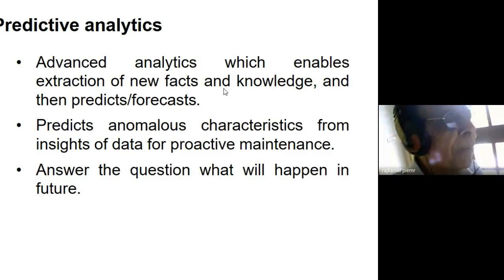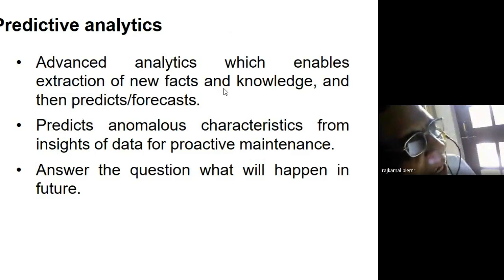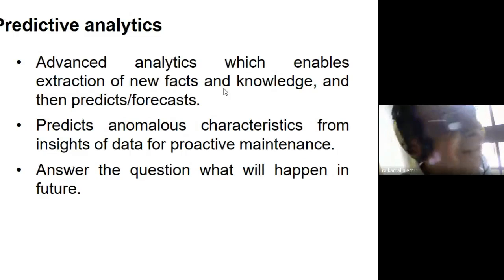Movement of the object from assembly stage 1 to assembly stage 2 is slowing down. Then predictive analytics will tell that there is a need for maintenance of the line. There is a need to put oil there.